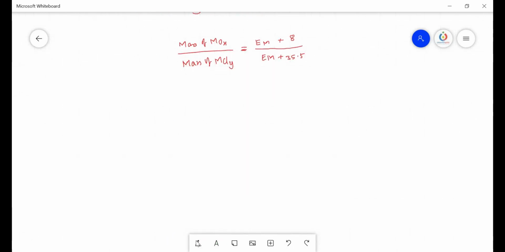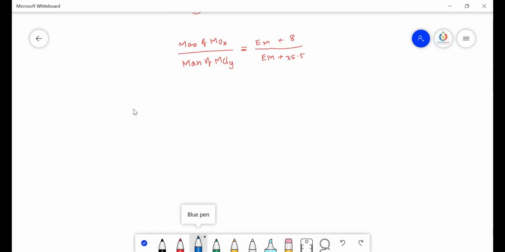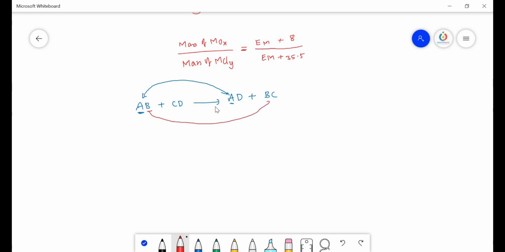Let's take another example of this category. Say AB reacts with CD and forms AD plus BC. When you want to know the equivalent mass of A, you have to relate these two compounds. Remember that. If you want to know the equivalent mass of B, you need to relate these two compounds where B is present.